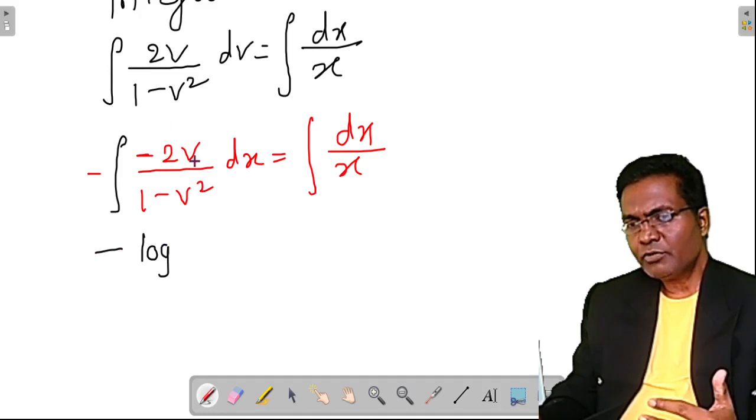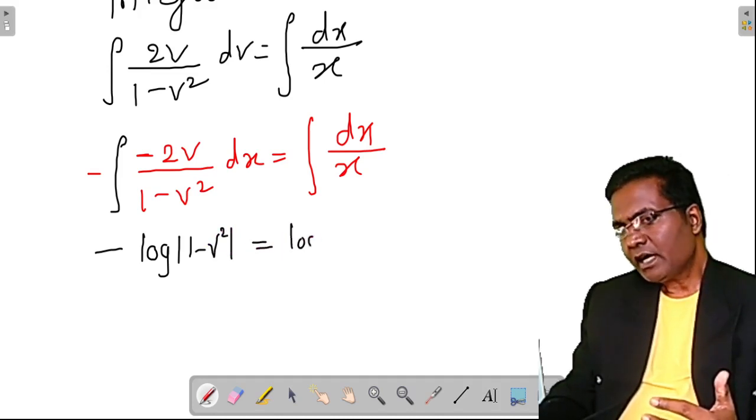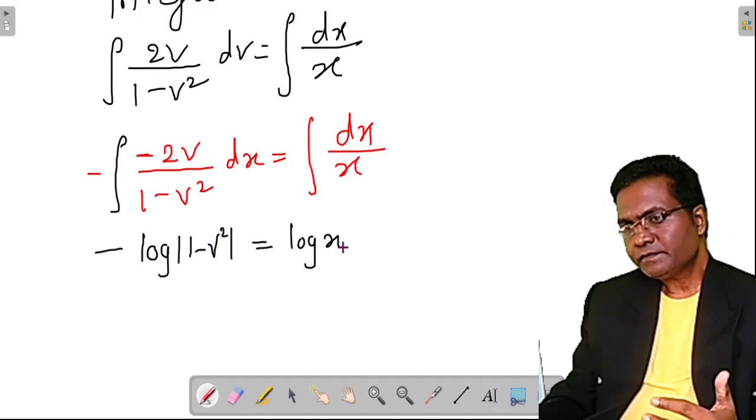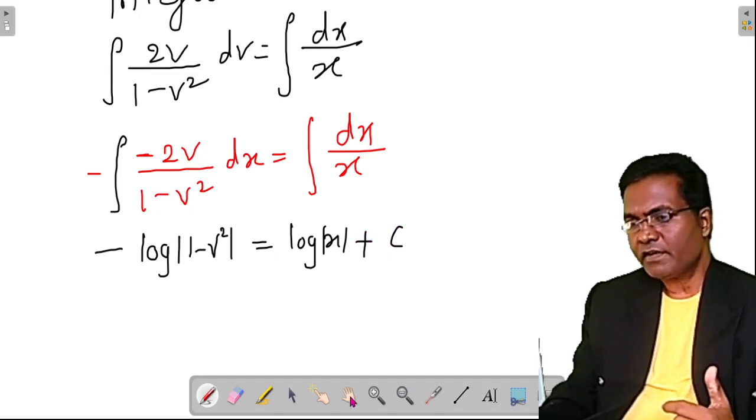So numerator is the derivative of denominator, so its integration is log of denominator, as I told you in the beginning.